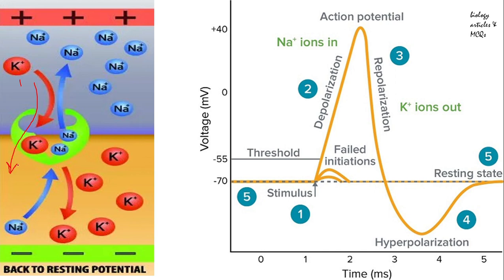As some positive ions move inside, there will be an increase of positive ions, and the very negative charge will slightly decrease, and it will again move towards minus 70 millivolts, which is the final resting membrane potential of the plasma membrane again.